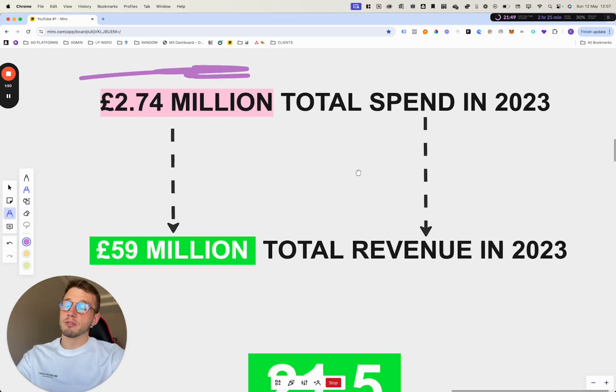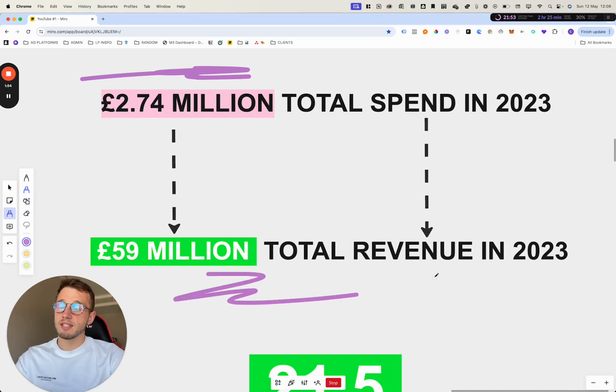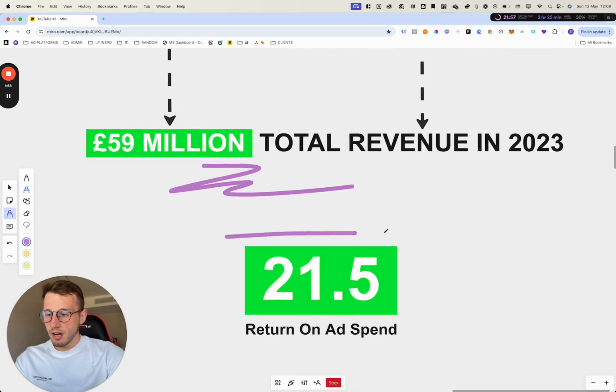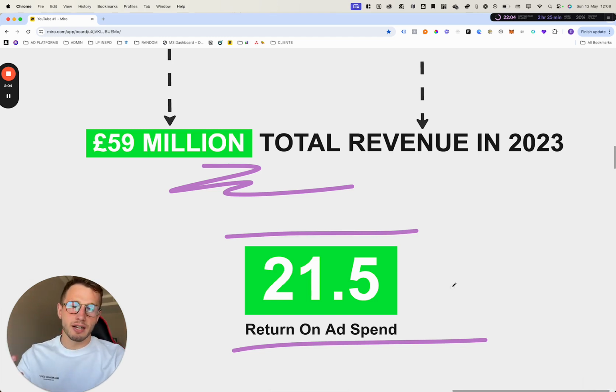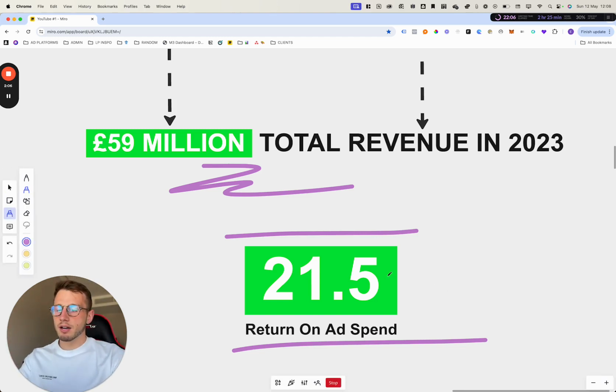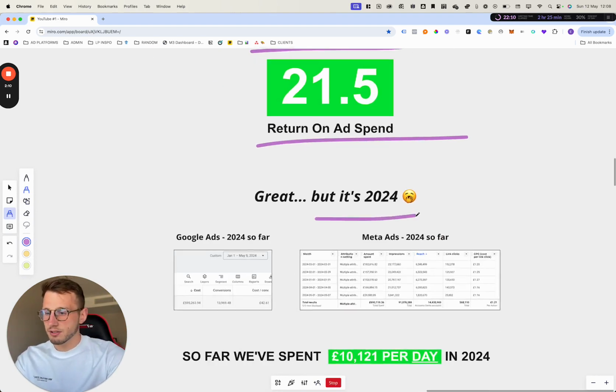And across our portfolio of 14 clients, we generated over £59 million in revenue for them. And so that gave us on average, a total 21.5 return on ad spend, meaning every pound we invested on behalf of our clients generated them, on average, £21.5 back. And again, those are 2023 figures.